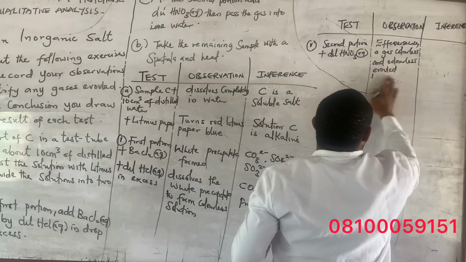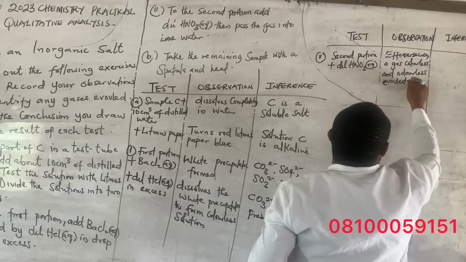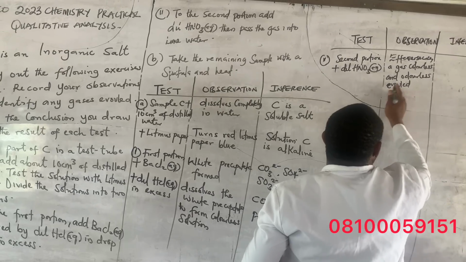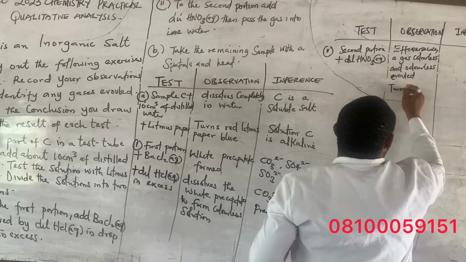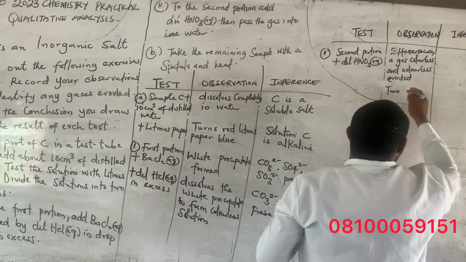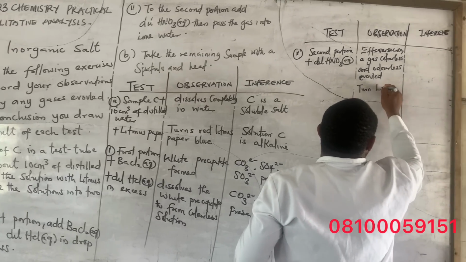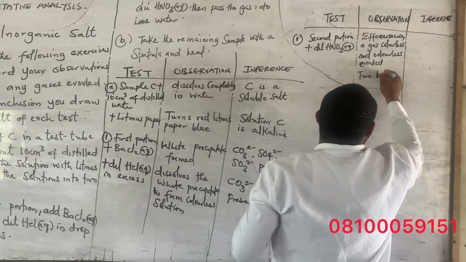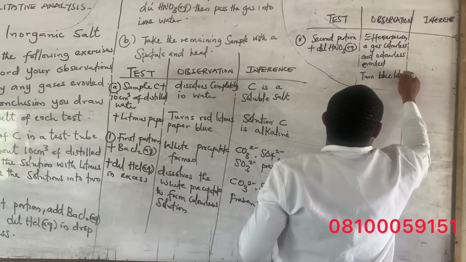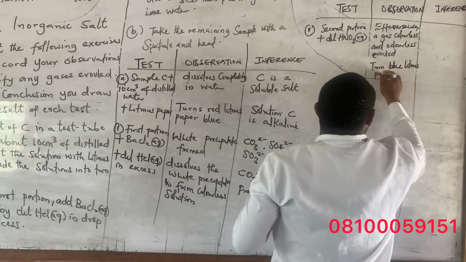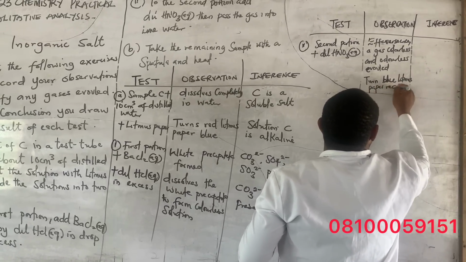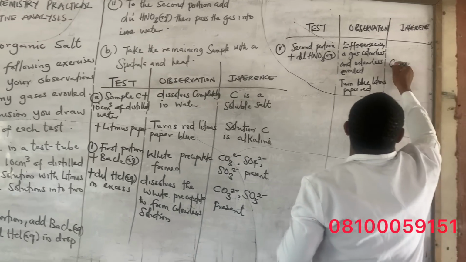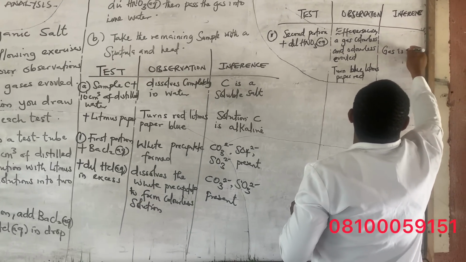But let me first of all have it with litmus paper. You can put that too. Then we can say it turns blue litmus paper red, because that gas, since it's CO2 gas, we have confirmed that. So from here we can say the gas is acidic.